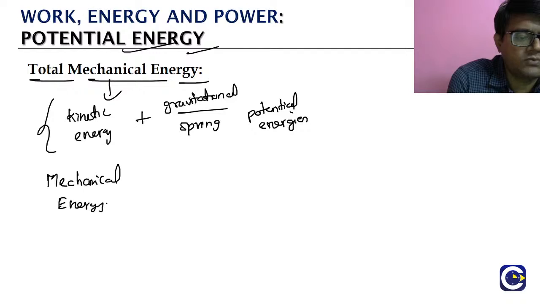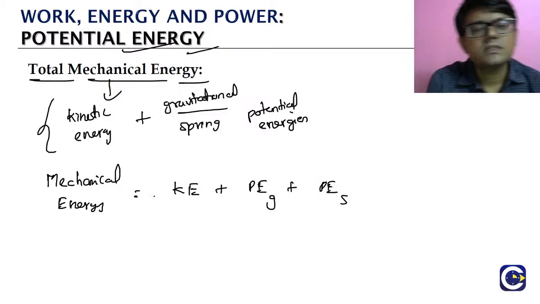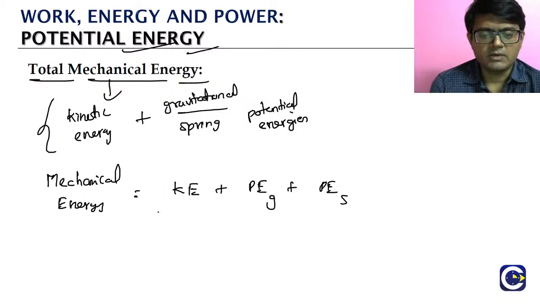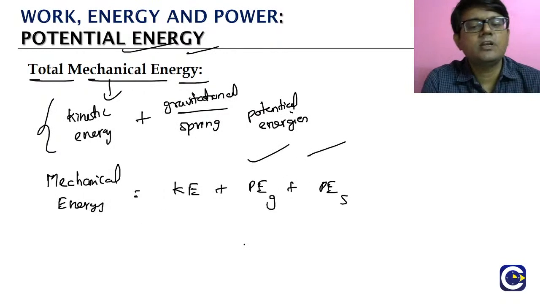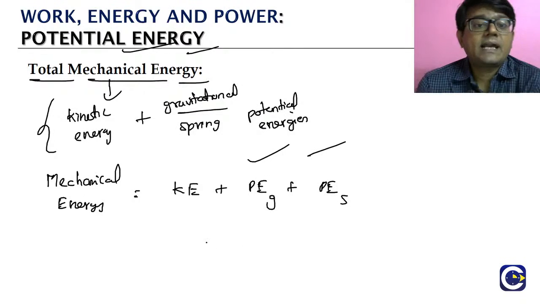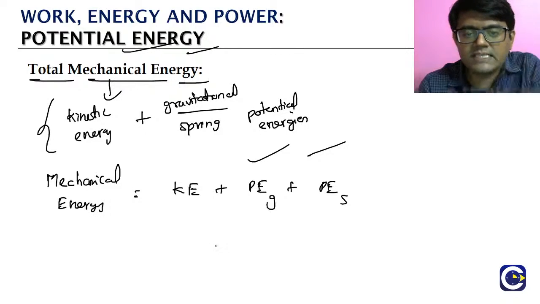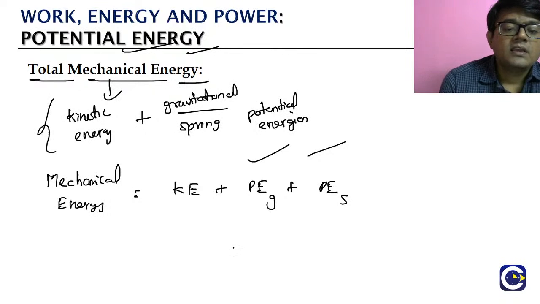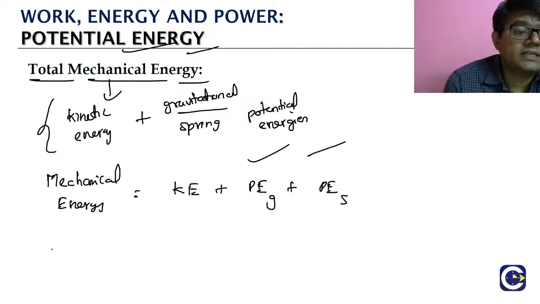So when we say mechanical energy of an object, what are we talking about? On the object, the kinetic energy plus the gravitational potential energy plus the spring potential energy. But in most cases you will have either this or this. So this is what we will be referring to as mechanical energy. Its significance, do you know? In the modified work energy theorem. What is the modified work energy theorem?